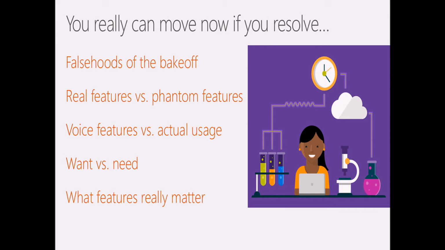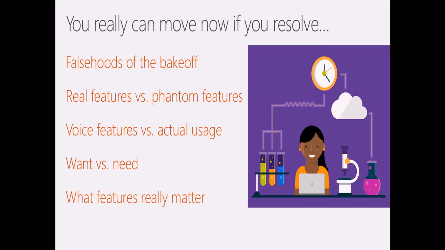Same thing with the real features versus phantom features. Whenever we are going in an RFP up against an Avaya system, and you put Skype up against Avaya, and it has this umpteen million features that are all super cool, and they go, okay, cool, fill in the next column of your spreadsheet with Skype. And we have like half of them. And then what we do is we add on the bottom all the other things our product does that theirs doesn't do.